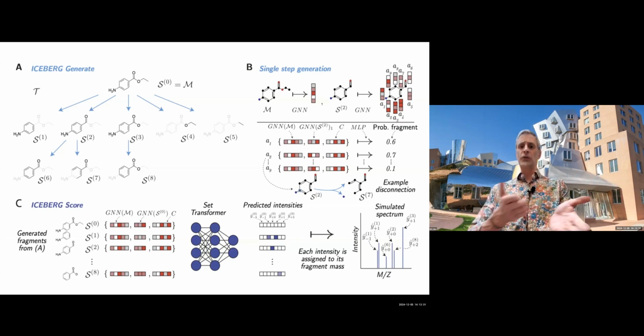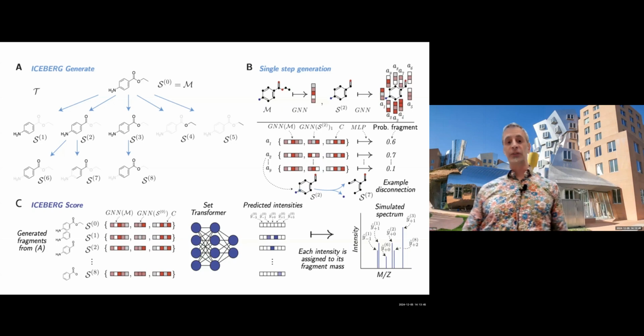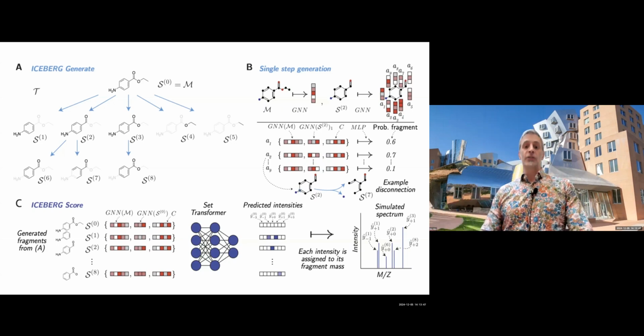If it was a normal transformer, we'd be seeing a protein sequence or natural language sequence. This is different because it's all these fragments. There's no particular order. It's more of a set than a sequence, an unordered set. And so there's another type of transformer model called a set transformer that's especially well suited to handling this type of data.